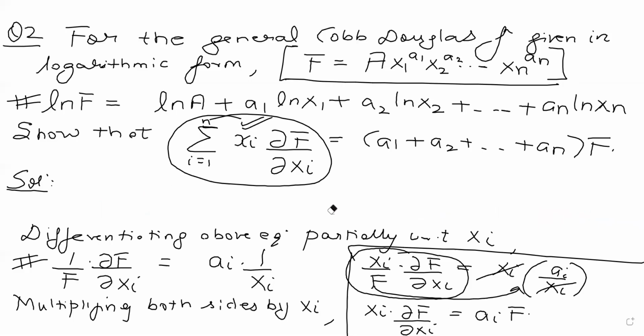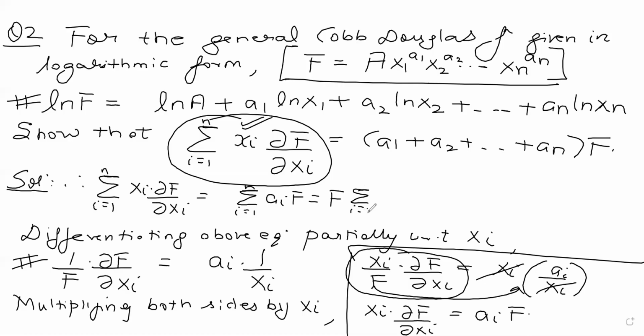So summation as i goes from 1 to n of xi times del f by del xi will be summation as i goes from 1 to n of ai times f. Now guys, f is a constant, it comes out, times summation as i goes from 1 to n of ai.